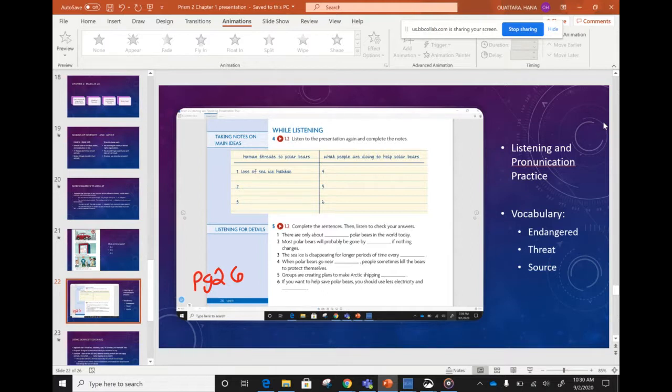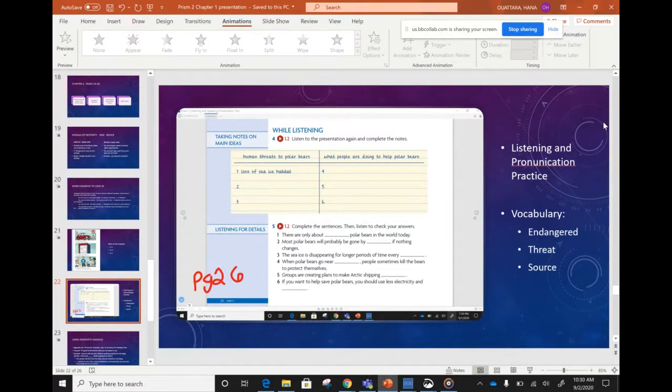There are several threats to polar bears, and all of them are due to climate change. The biggest threat is the loss of sea ice habitat. Climate change damages the sea ice that polar bears depend on for survival. Every summer, the ice melts and it freezes again in winter, but rising ocean temperatures mean that the ice stays melted for long periods each year, and when it does freeze, there's less and less of it.